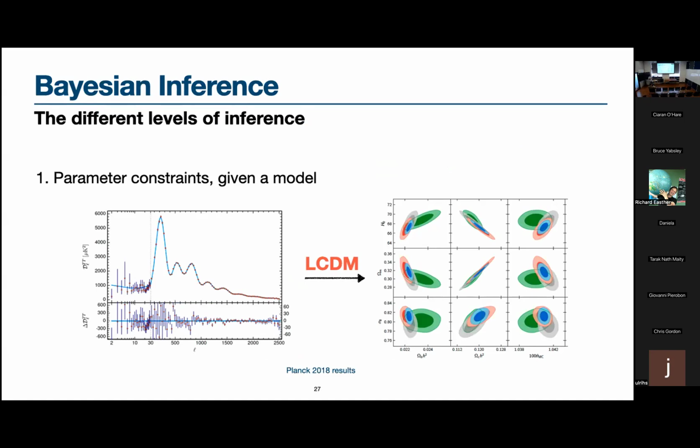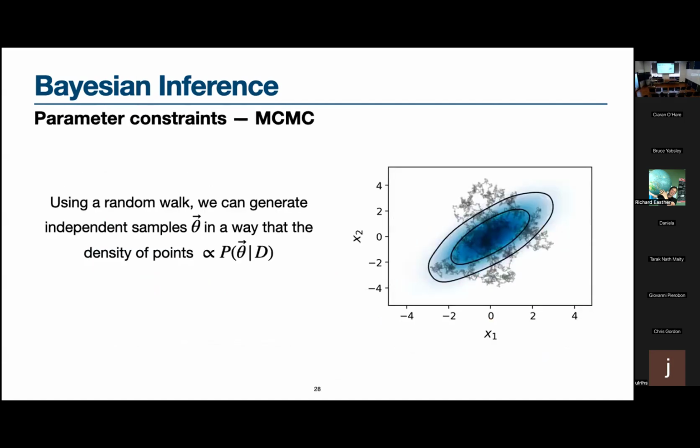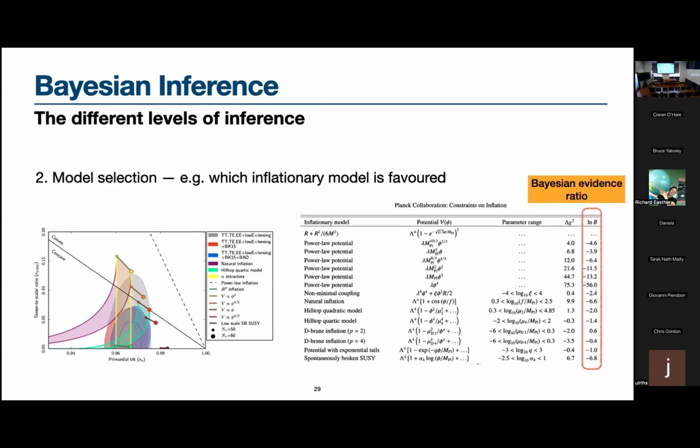A simple example, or the one you'll be most familiar with, is using CMB data, assuming the lambda CDM model, to get constraints on the lambda CDM model parameters. For this, what is typically used are Markov chain Monte Carlo techniques, in which, using basically a random walk, you generate a set of independent samples in a way that the density of the samples is proportional to the probability density itself.